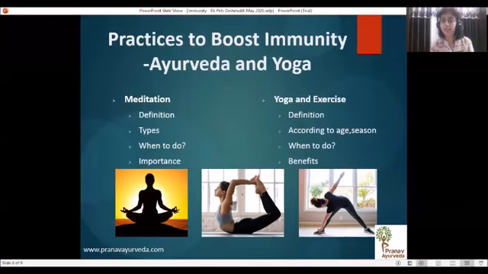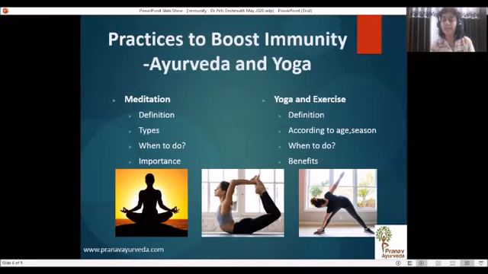Now, what is yoga? Yoga is yogastu chitta vritti nirodhaha. It means your mind is away from all kinds of distractions, from raga, lobha, irsha, dvesh, matsar, and asana.